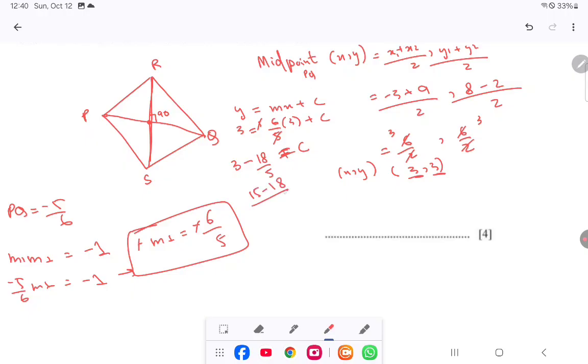Negative of 18 over 5 plus 3 is equal to C. So negative of 3 over 5 is equal to C.